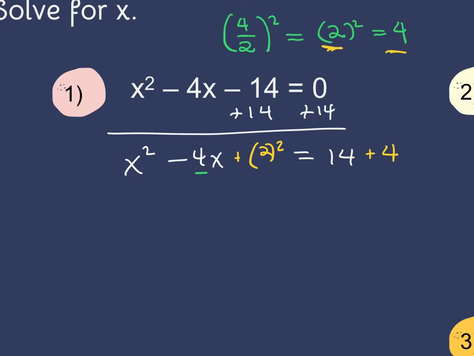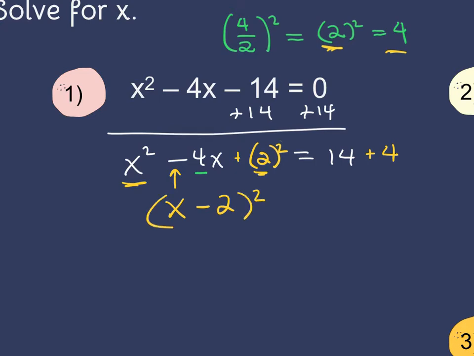when you go to factor it, and that 2 looks weird. Let me fix that 2. When I go to factor the trinomial, you take the x, you take the sign that's here, and then you take this number, and it's squared.